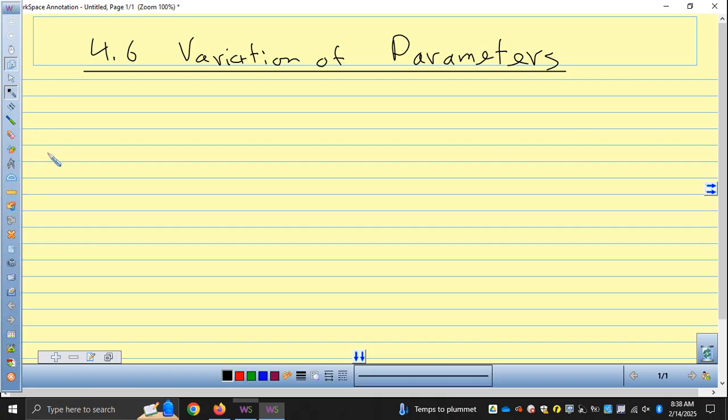But I want to look at the solution to a first-order linear differential equation for some motivation for the method.